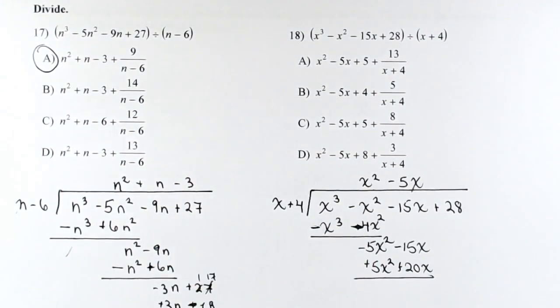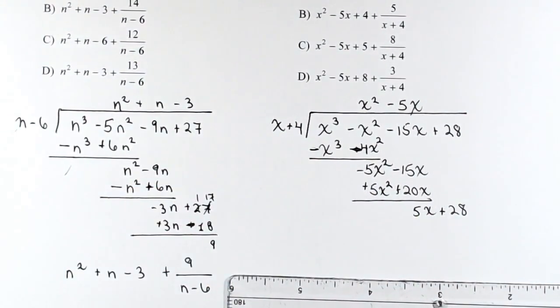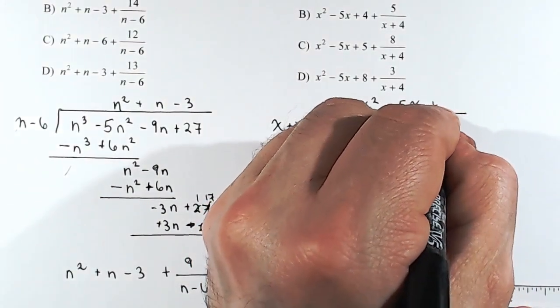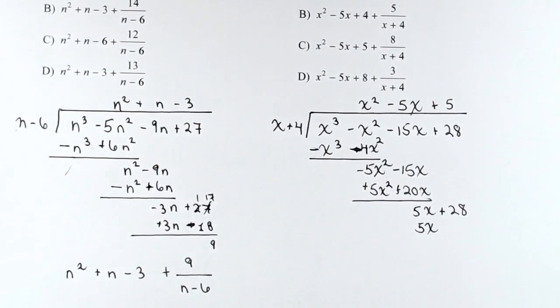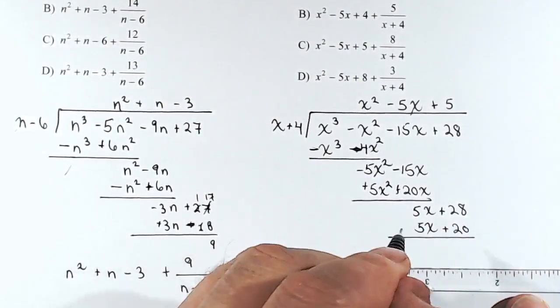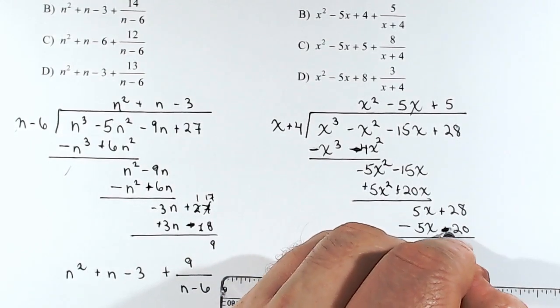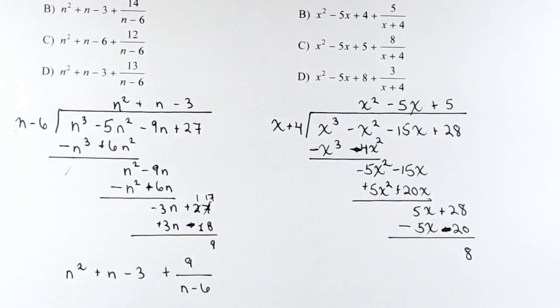Negative 5x squared plus 5x squared cancels out, and now you have negative 15x plus 20x is positive 5x. Bring down the 28, and ask yourself, what would you need to multiply by x to get positive 5x, and it would just be plus 5. 5 times x is 5x. 5 times 4 is 20, positive 20. Draw a line, change the signs, okay, and now add. So now you have a remainder of 8.